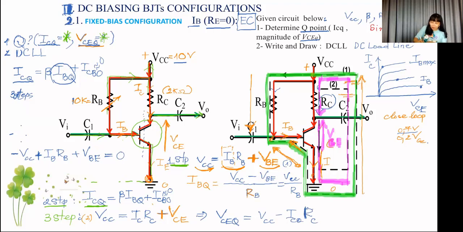I put here Q because in my case, we already have ICQ in the second step, right? In this, we can find out the value of the VCE. We have the value of VCE and ICQ. This is a ready answer, right? Ready answer to the first question.